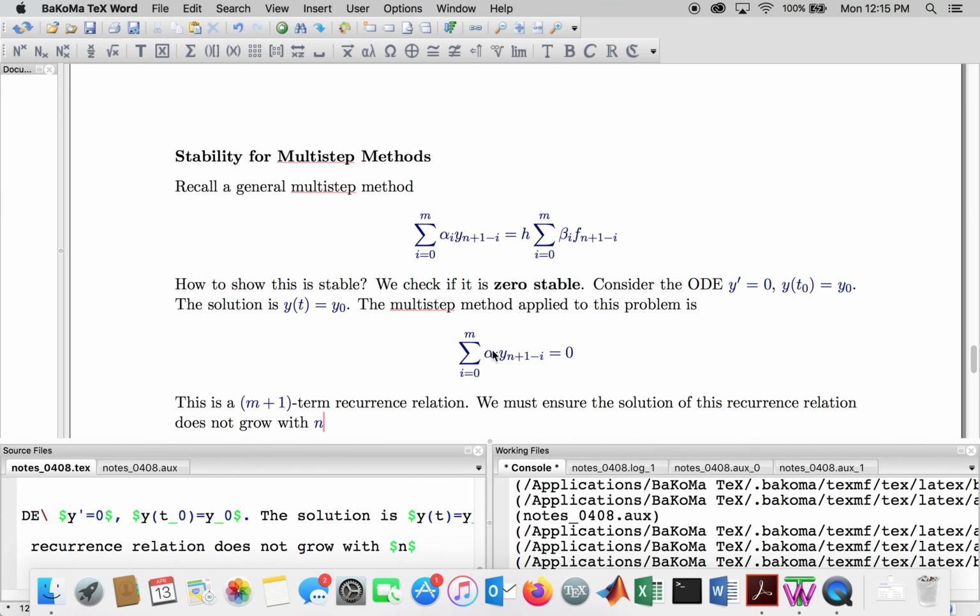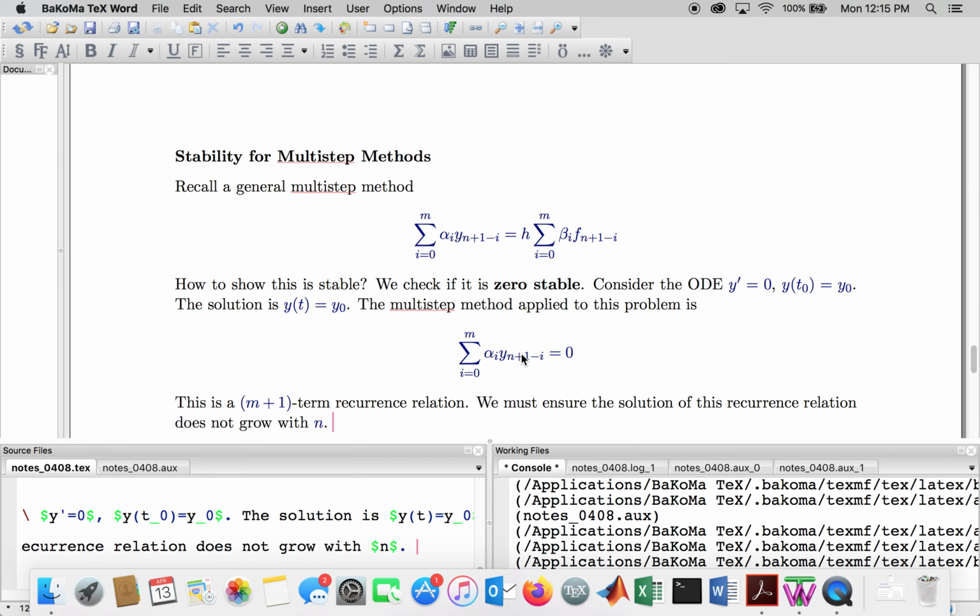Ideally it should produce the exact solution, a constant. Or at worst, due to some inaccuracy, it may exhibit some decay, but certainly should not exhibit growth, or there's no way that it will meet the definition of stability for a general method. So we have to know something about how these recurrence relations are solved and what their solutions look like.